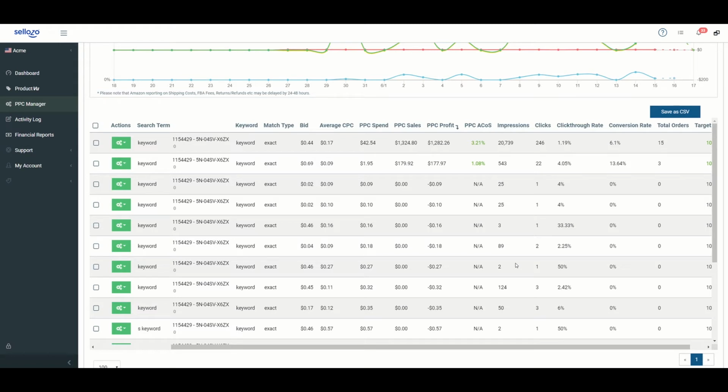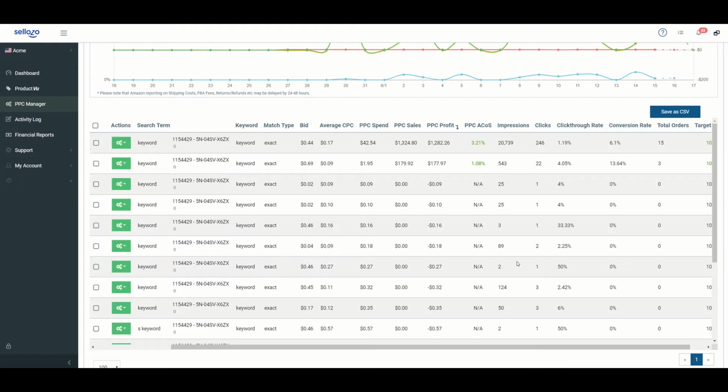Say it's a more generic term like baby toys. And if you only have a handful of impressions for that term, you probably can tell that you're just not winning the bid very often. So knowing what your impressions look like is important because it's possible that your ACoS target is too low and you just cannot afford to bid high enough in order to get impressions with that ACoS goal.